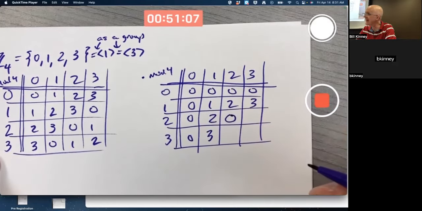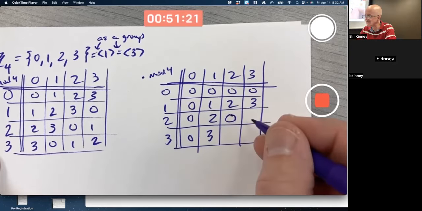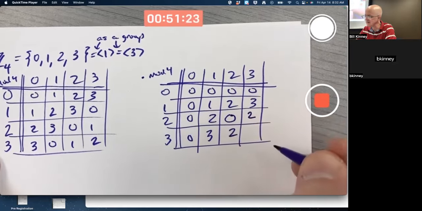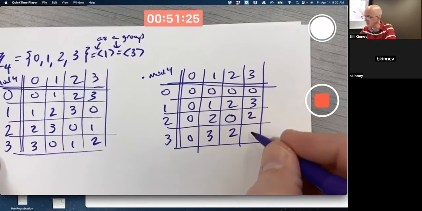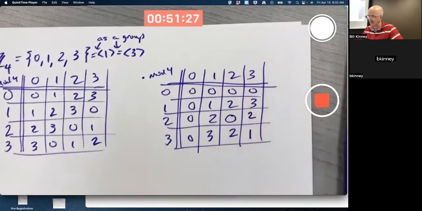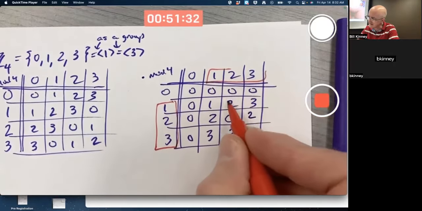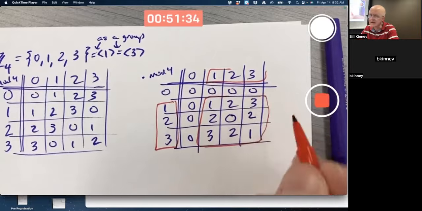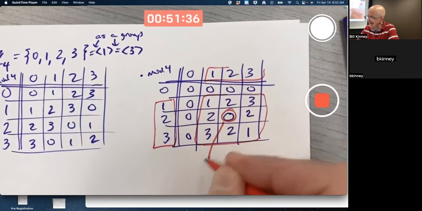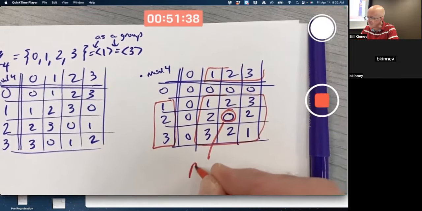That's problematic for Z4 star being a group under multiplication, right? It would not be closed. 2 times 3 is 6. Mod 4 is 2. 3 times 3 is 9. Mod 4 is 1. We focus on the non-zero elements in this part of the multiplication table. That 0 there is a problem.